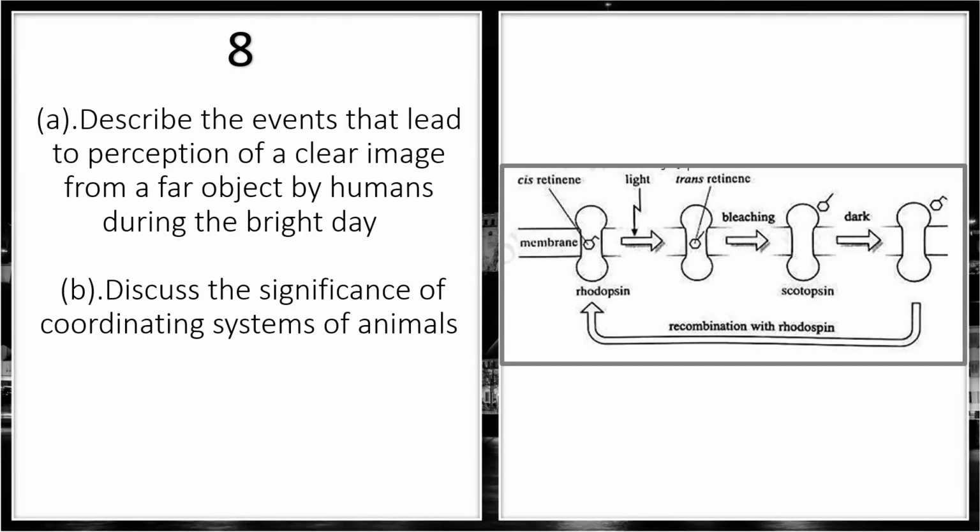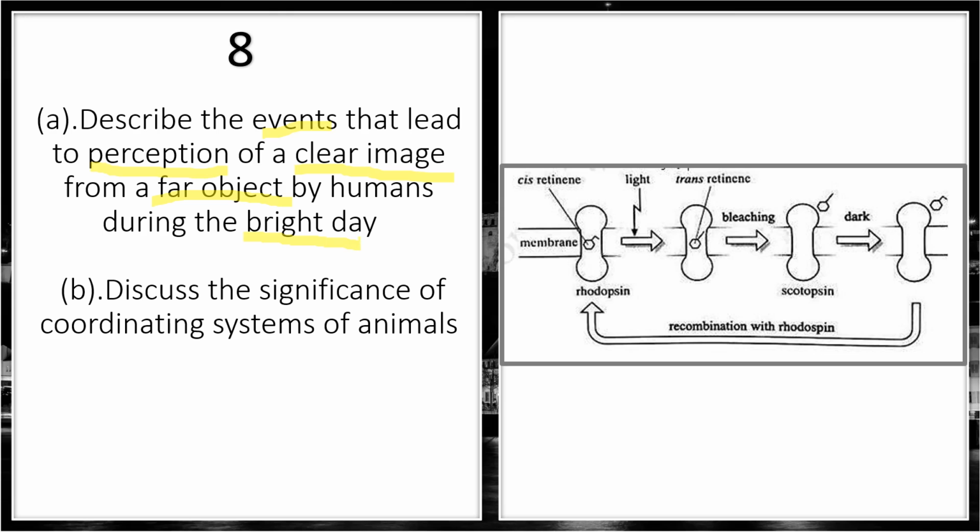Number 8. Part A, describe the events that lead to perception of a clear image from a far object by humans during bright light.